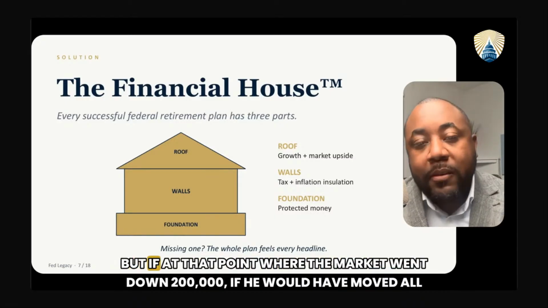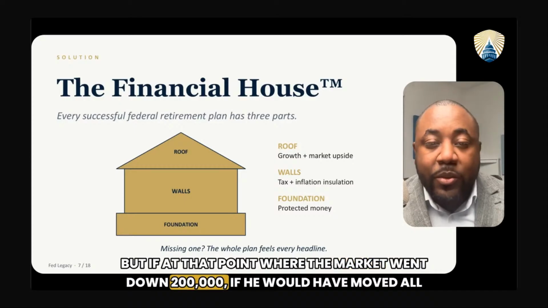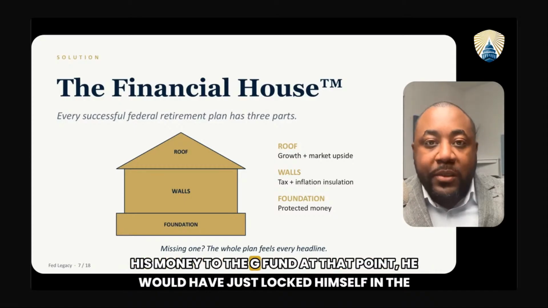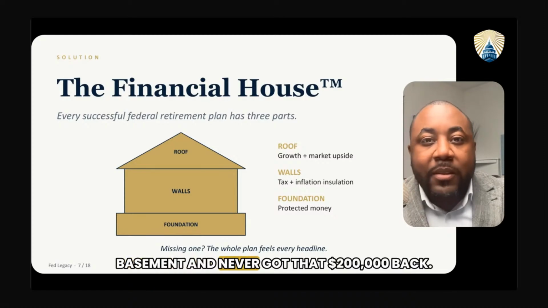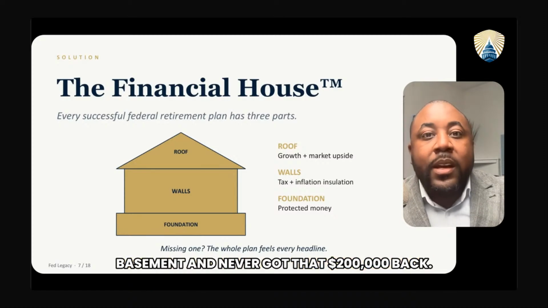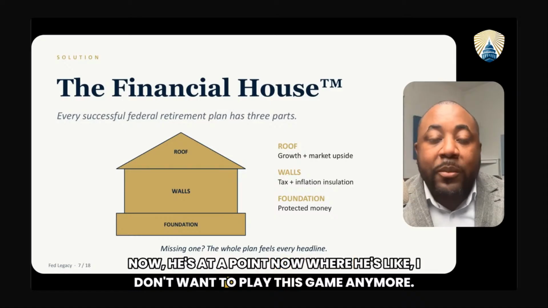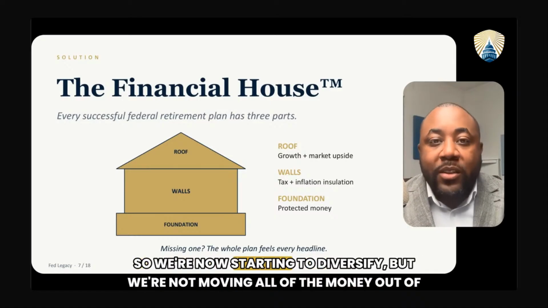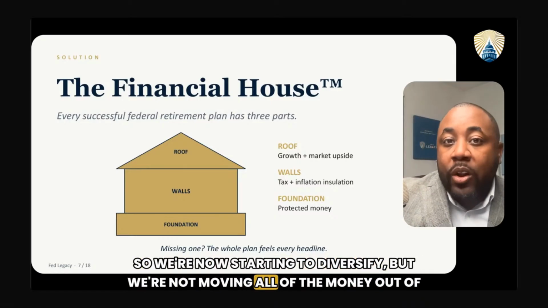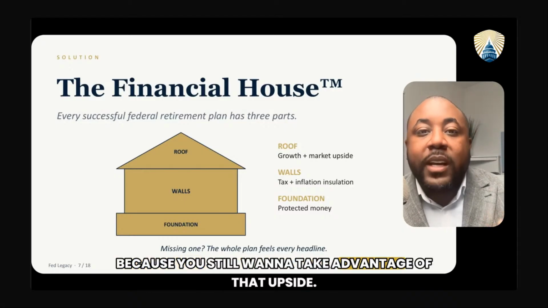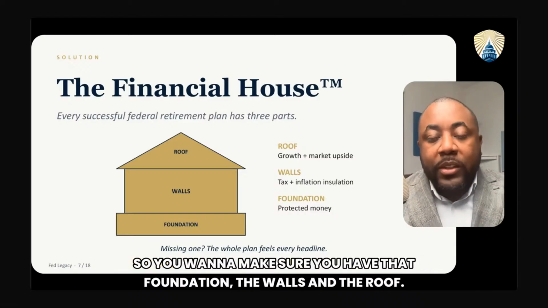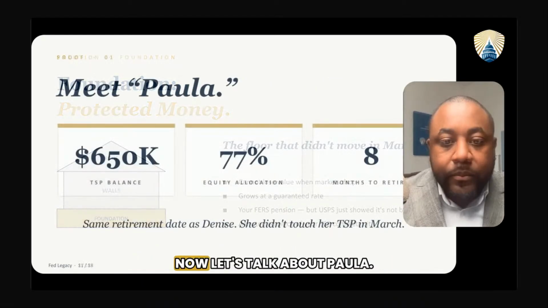But if at that point where the market went down $200,000, he would have moved all his money to the G fund, he would have just locked himself in the basement and never got that $200,000 back. Now he's at a point where he's like, I don't want to play this game anymore. So we're now starting to diversify, but we're not moving all of the money out of the C fund. No way. Because you still want to take advantage of that upside. So you want to make sure you have that foundation, the walls, and the roof.